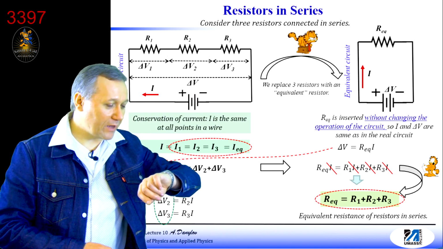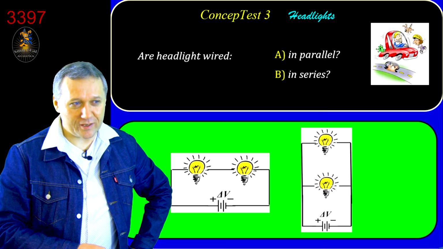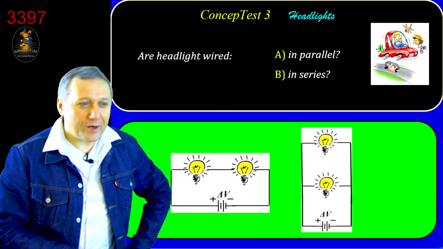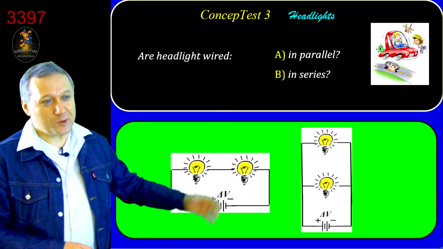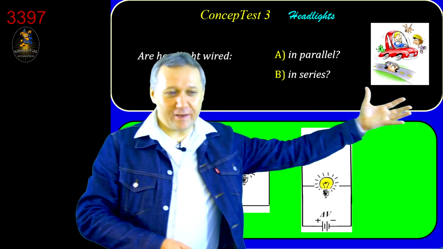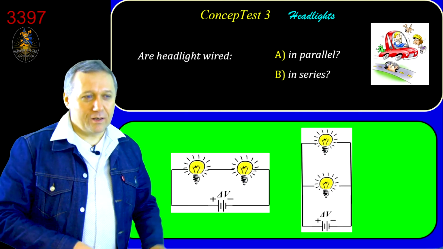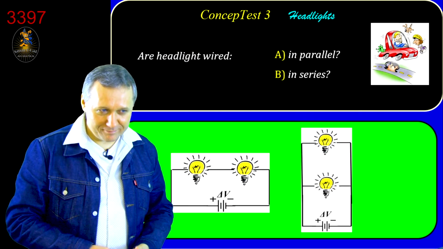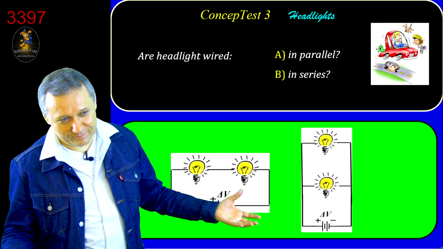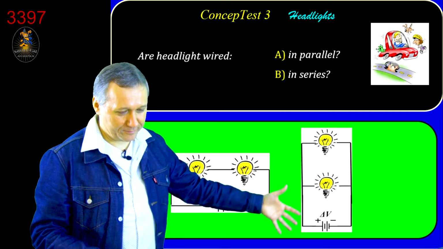But still, since we have 1 minute, let's answer this clicker question, the last one, number 3. It's partially related to physics. Of course, a car has two headlights, two bulbs. How should they be connected or wired, in series or in parallel?